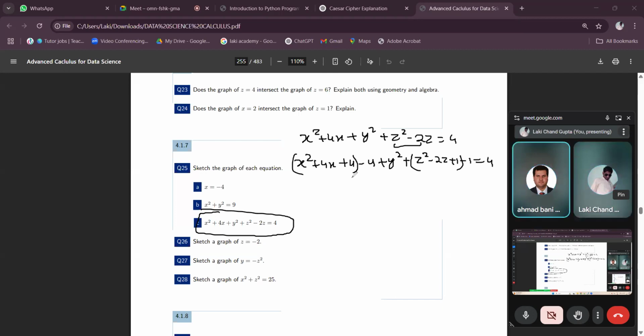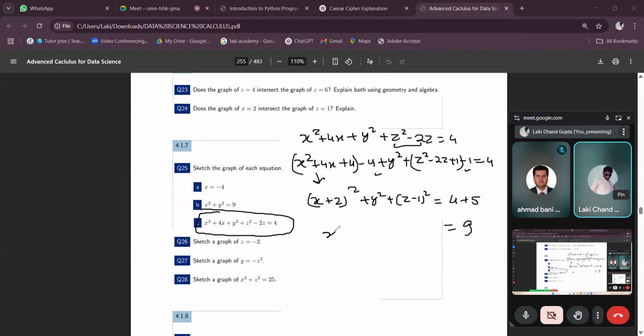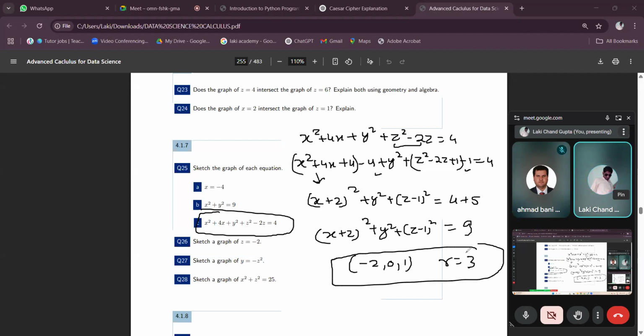It becomes x plus 2 whole square, and z minus 1 whole square, minus 4 minus 1, minus 5. You can write here 9. So the sphere has center and radius 3.